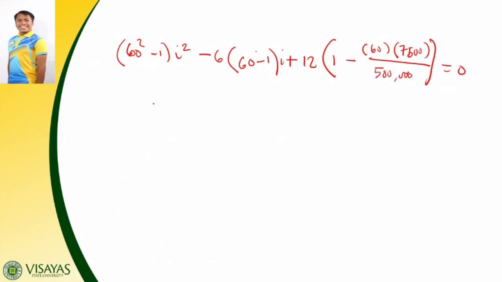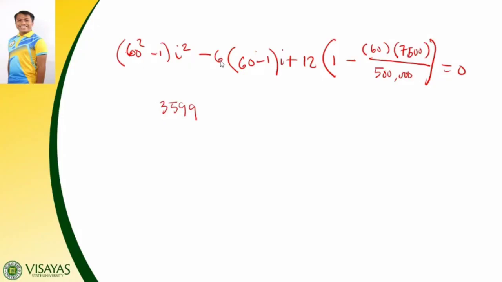So our quadratic equation will become 3,599. Let's check. This is 60 squared, 3,600 minus 1.